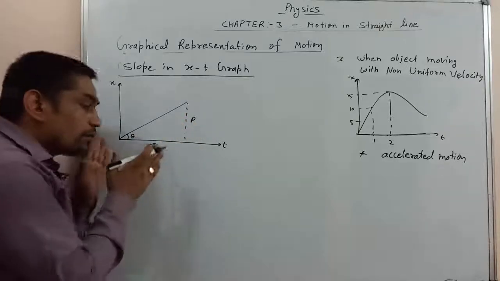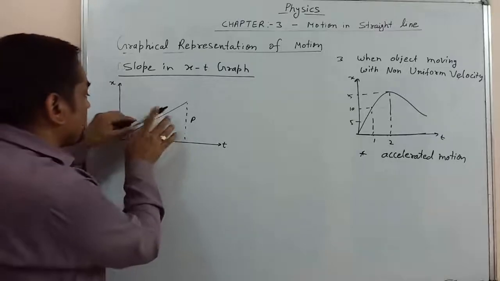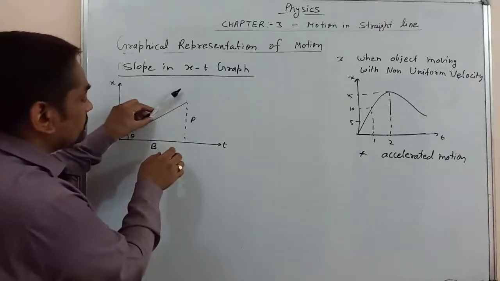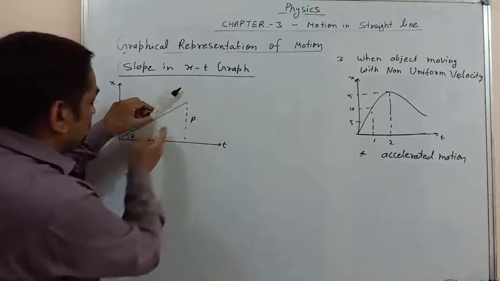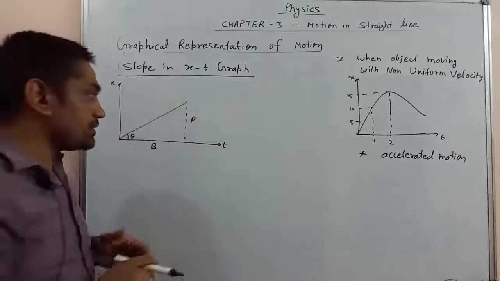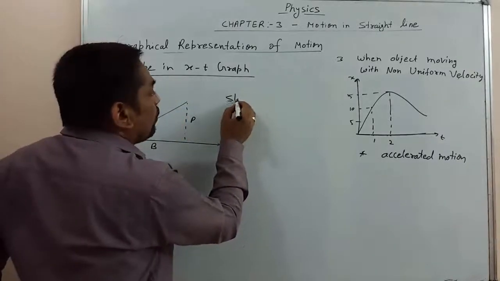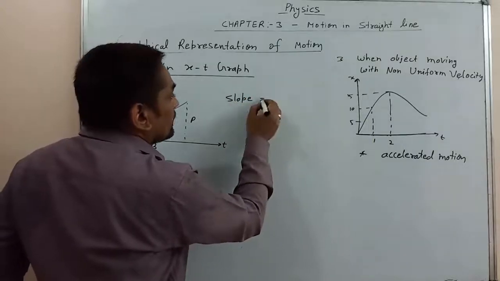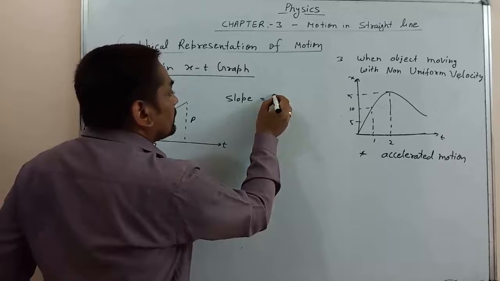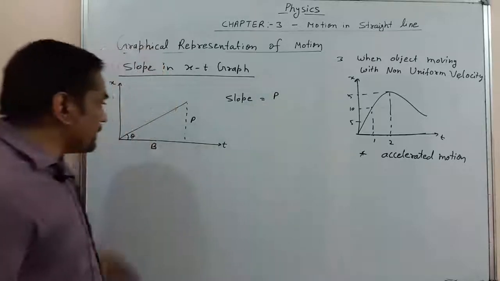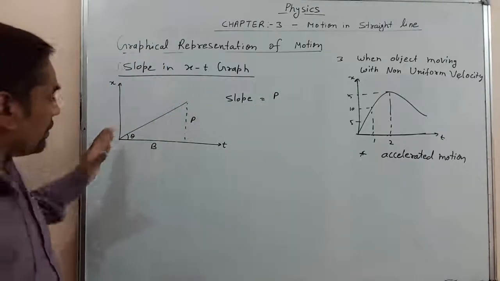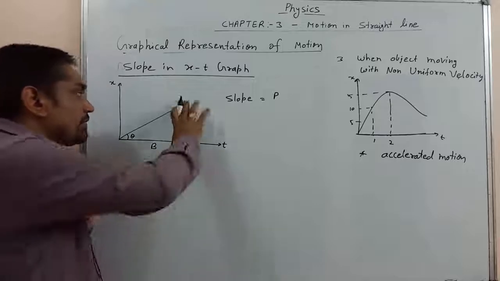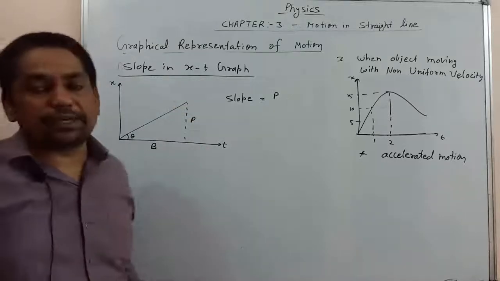If we fix the base and increase the perpendicular, the slope is greater. So we can say that slope is directly dependent on the perpendicular. If the base remains constant and we increase the perpendicular, the slope increases.